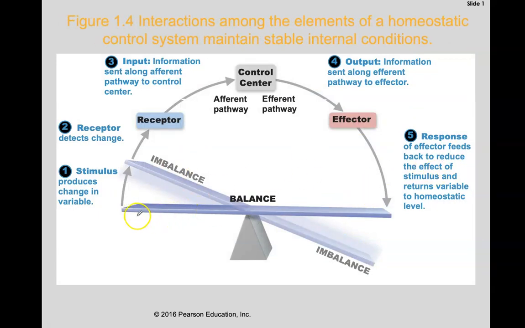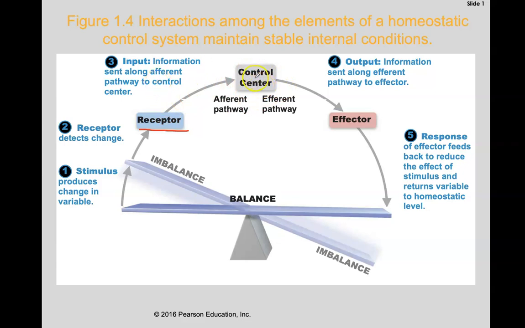Okay, so again, here's the seesaw, the balance, and of course, we have some type of stimulus that takes us off balance here and produces a change in our variable. And then the receptor, or sensor, whatever you want to call it, is going to detect that change. That detection is going to be sent to the control center, okay?